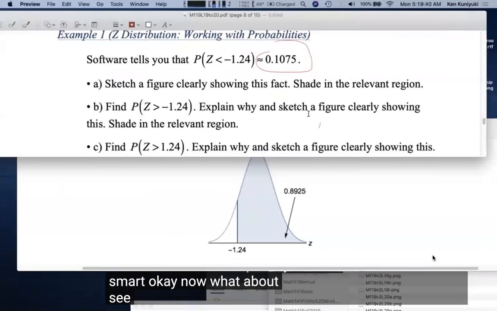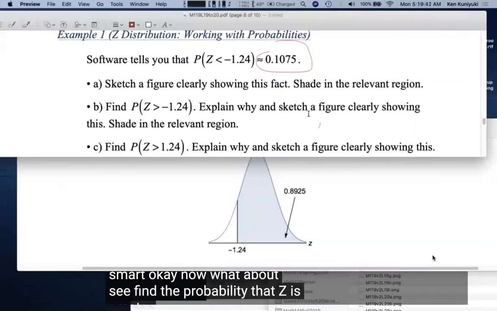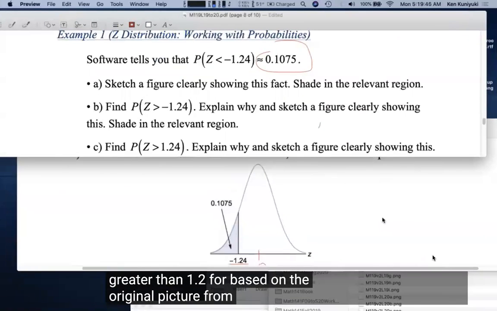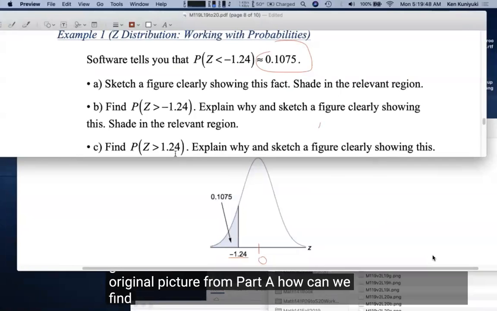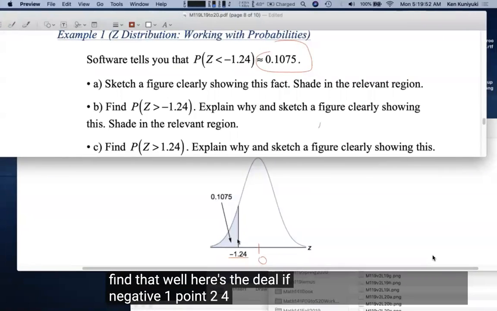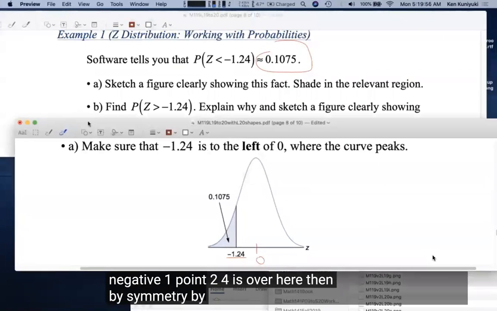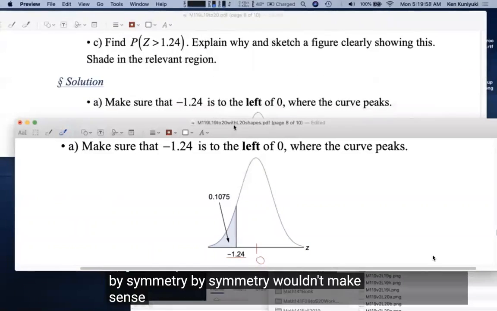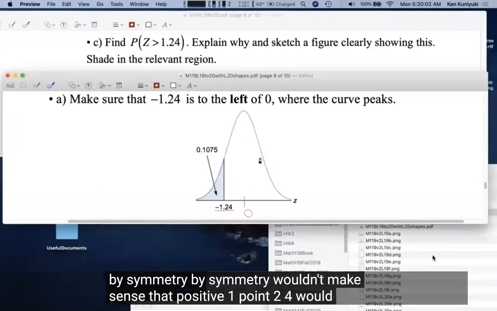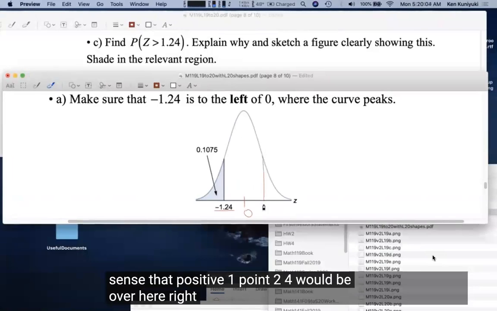Now what about C? Find the probability that Z is greater than 1.24 based on the original picture from part A. How can we find that? Well, here's the deal. If negative 1.24 is over here, then by symmetry, would it make sense that positive 1.24 would be over here, right?